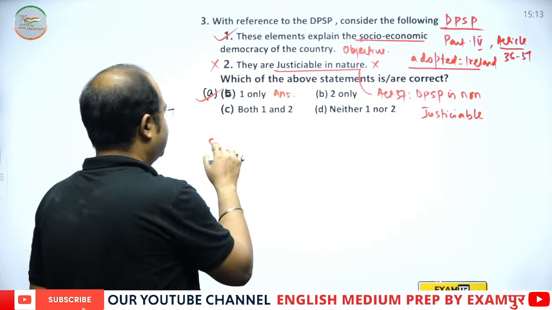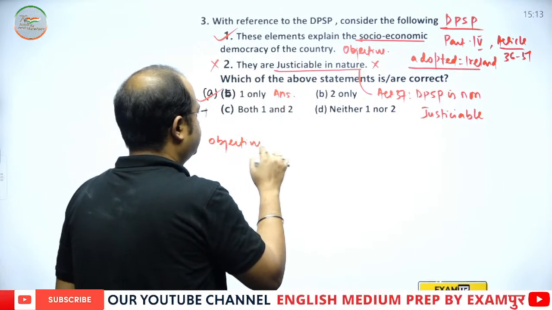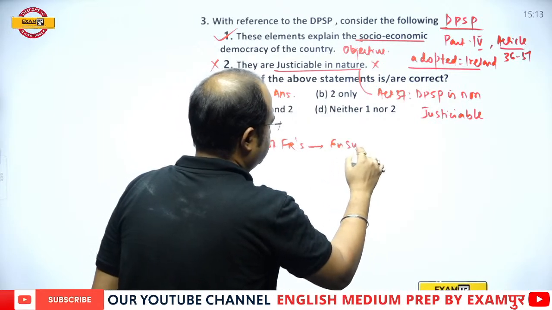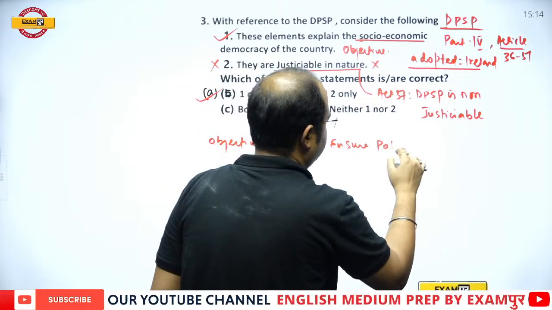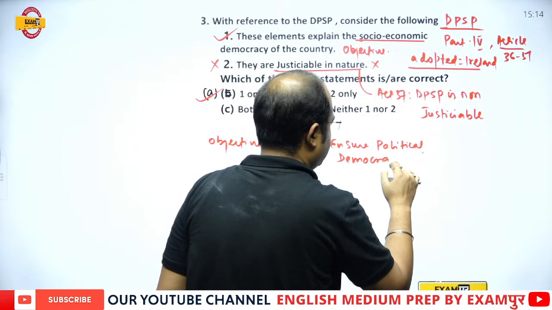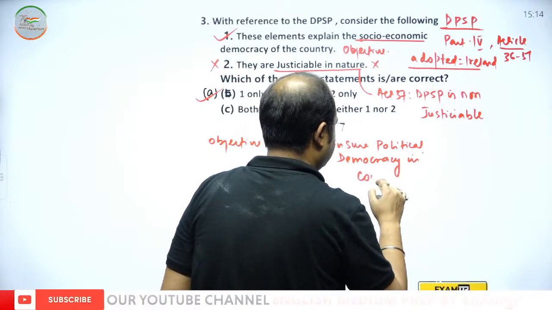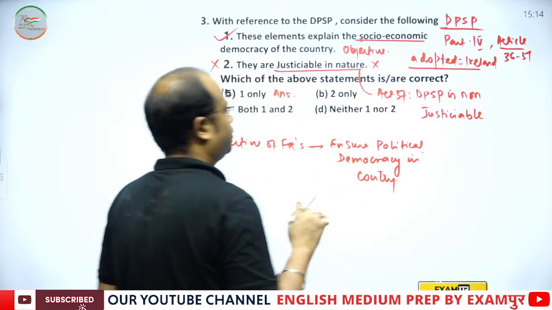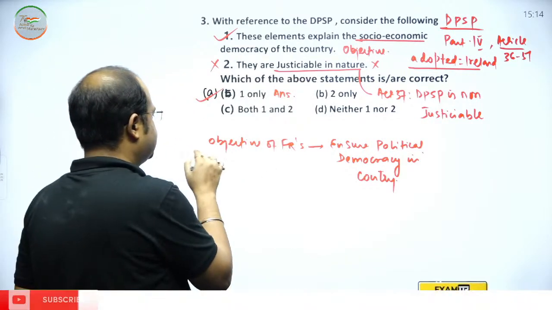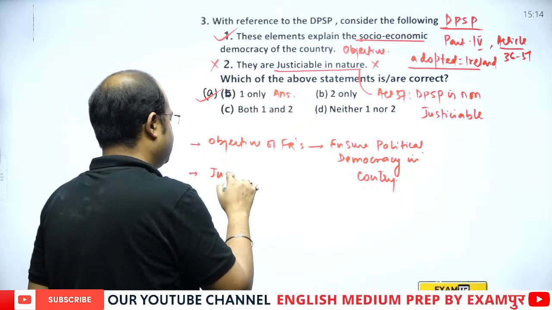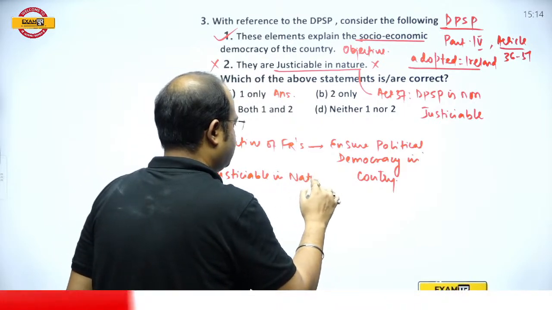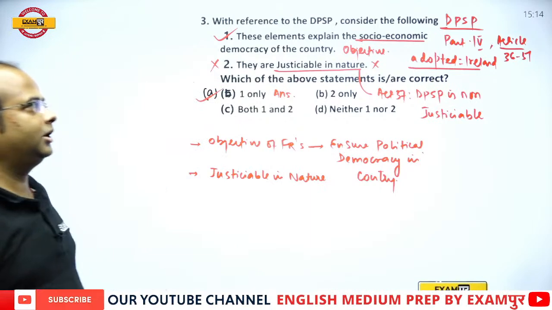And the objective of fundamental rights is to ensure political democracy in the country, and they are justiciable in nature.